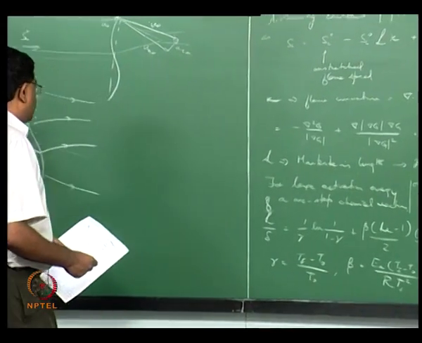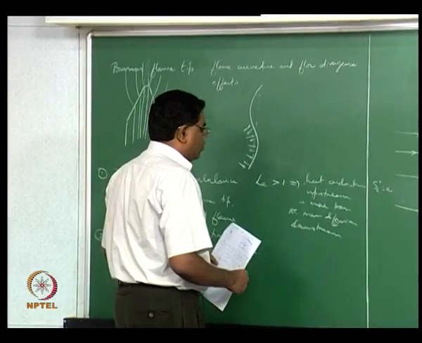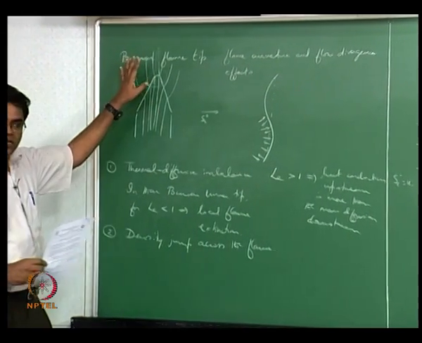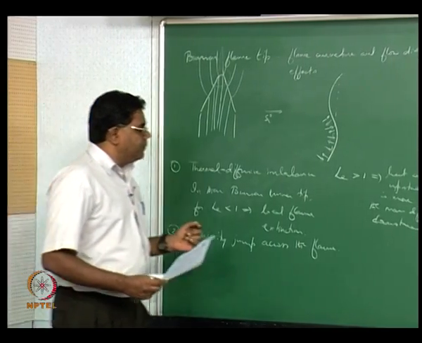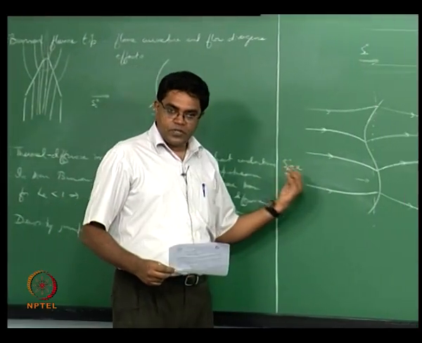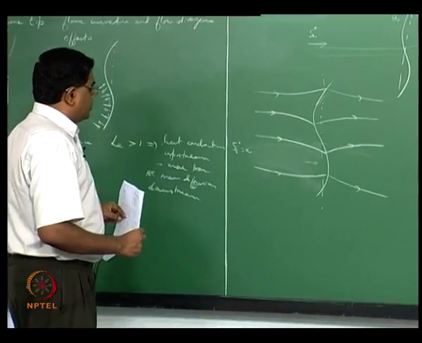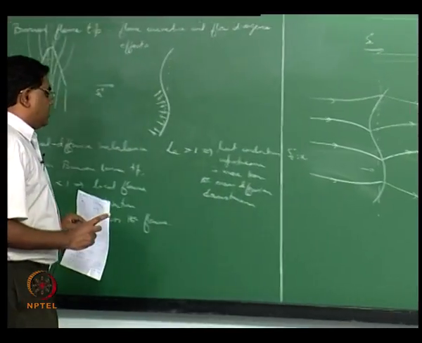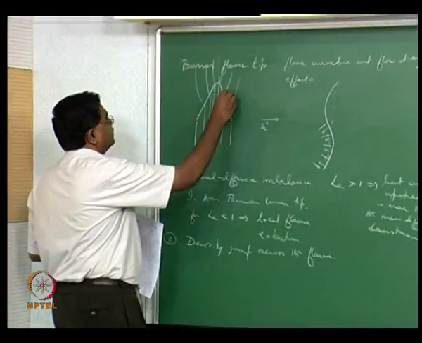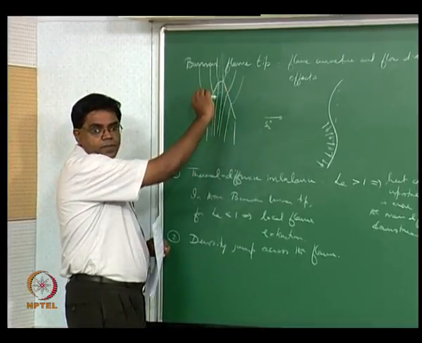Then what happens, as I said, as the flame speed increases, if you now go back to the tip of the Bunsen burner, that's what we were concerned with. If you keep on increasing the flow speed, the flame speed for the unstretched flame is less than the flow speed.